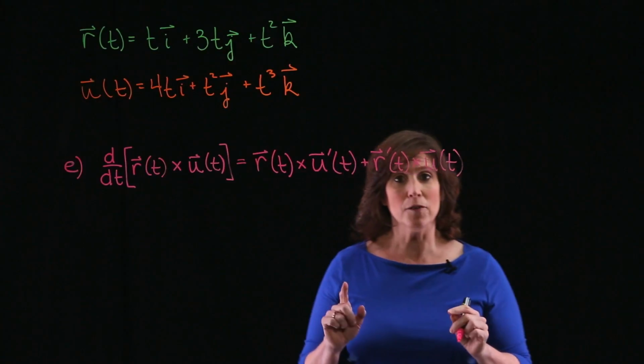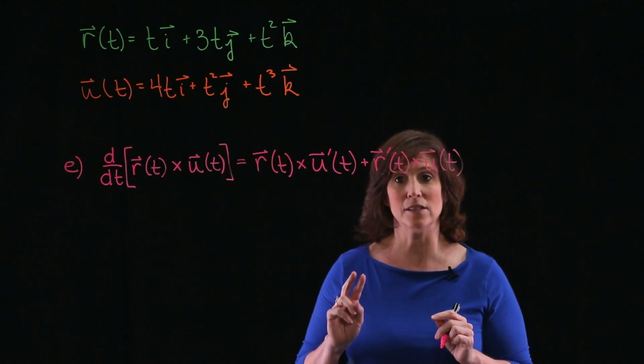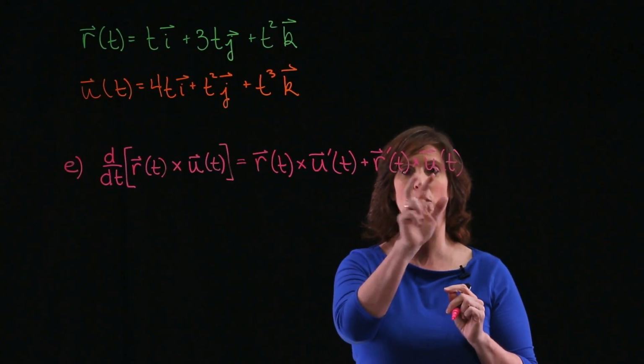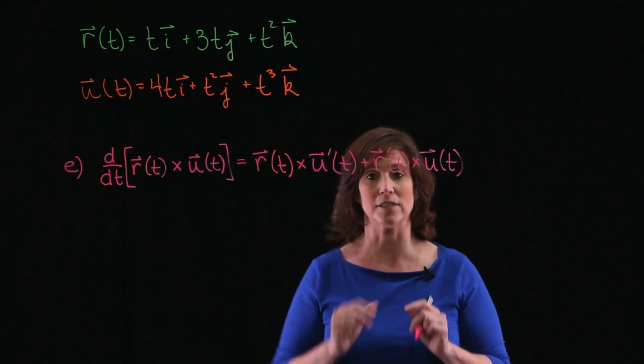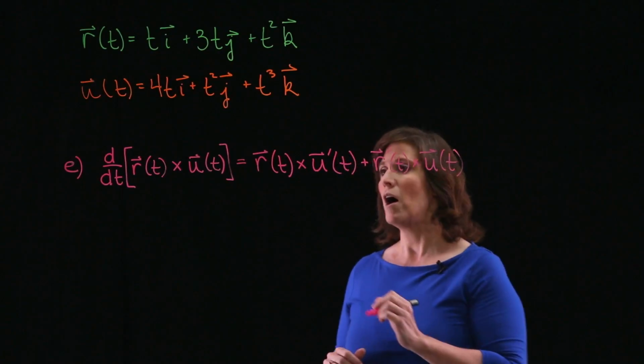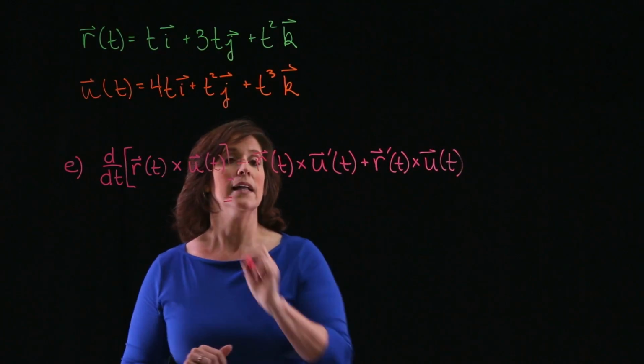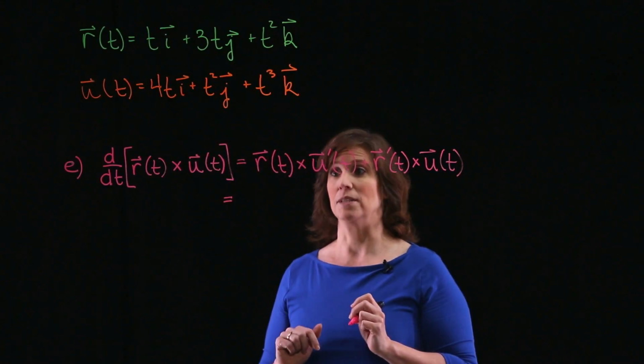Now, one thing to be careful of is remember that the cross product is not commutative, so you have to make sure that you get these two factors in the correct order.